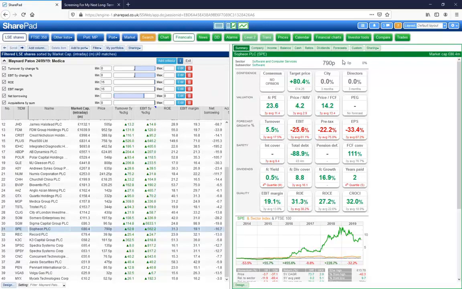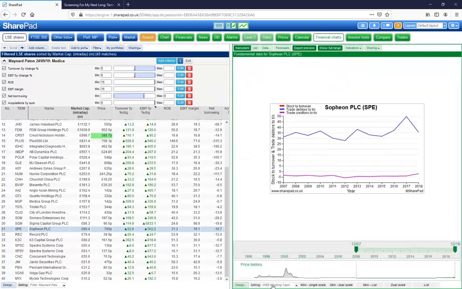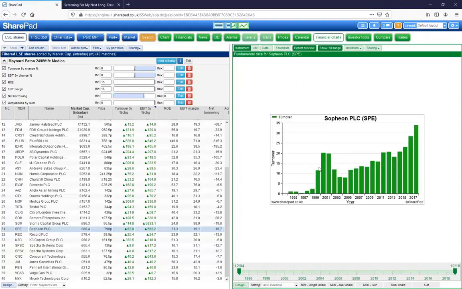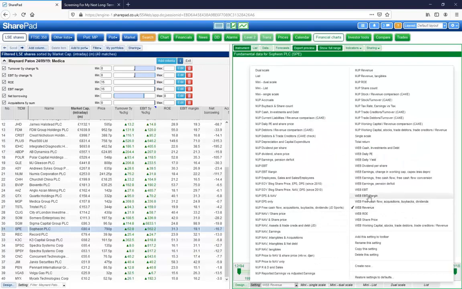So let's look at the history of this business again. So revenue. So that was the tech boom, and revenue has gradually recovered, so that's rising nicely, so that's okay. So profit.